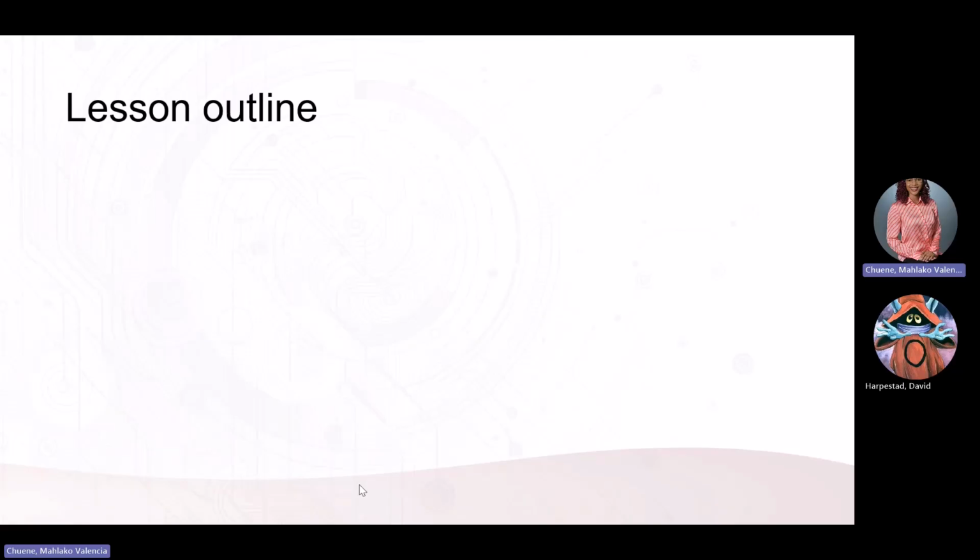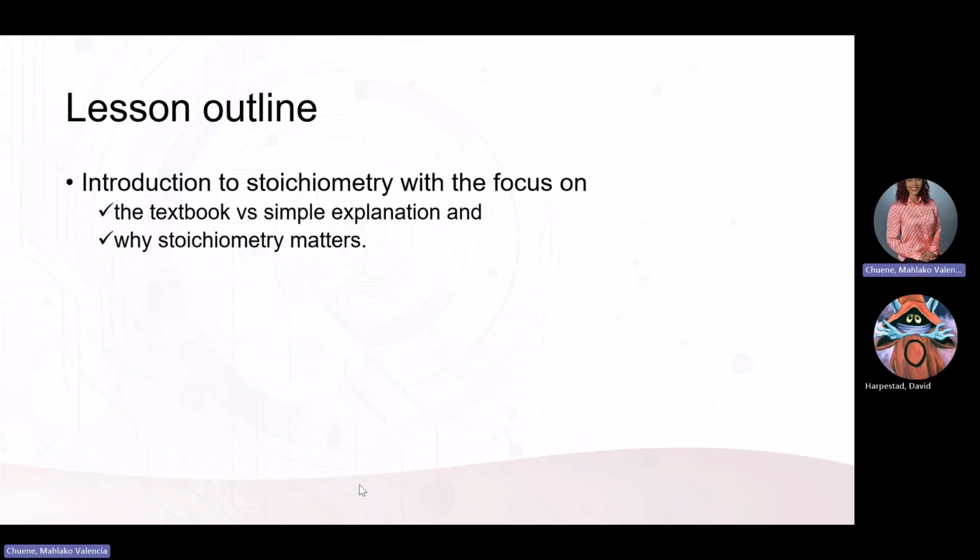Now, in terms of the lesson outline, we have the introduction to stoichiometry. What is stoichiometry? What do the textbooks say? And in simple terms, what is stoichiometry? And why does stoichiometry matter? All right.